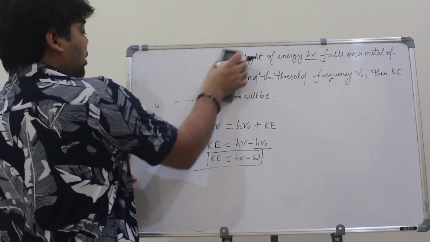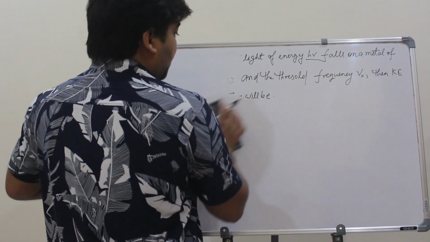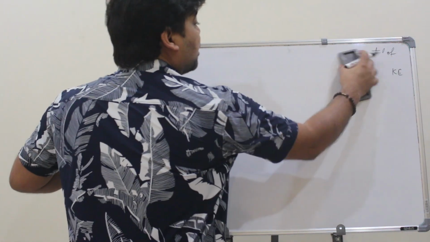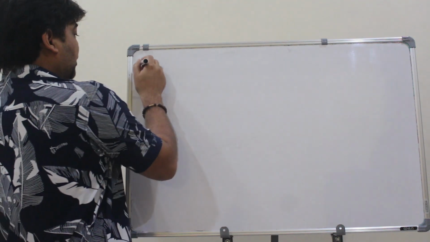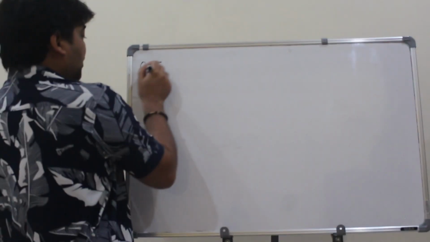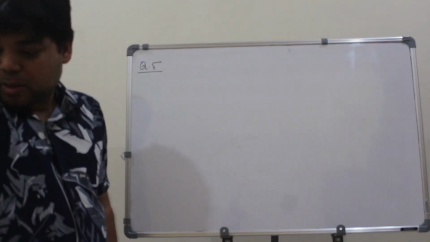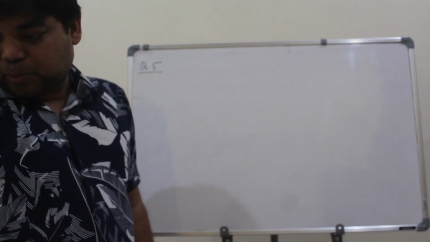Now let us go to another problem, which is the last problem of today's lecture. Question number 5. It says the pair which must obey Heisenberg's uncertainty principle are.